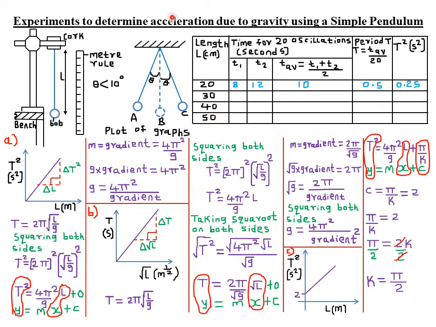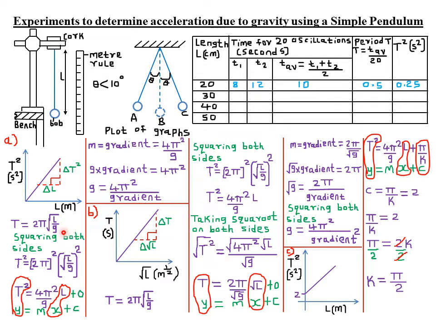Now, it's important also to remember that whenever we are talking of practicals involving the pendulum, usually the graphs are straight line graphs. Sometimes it can be a straight line graph from the origin, that is from point 0,0. In other cases, it can be a straight line graph starting from somewhere within the T squared axis or within the time axis.